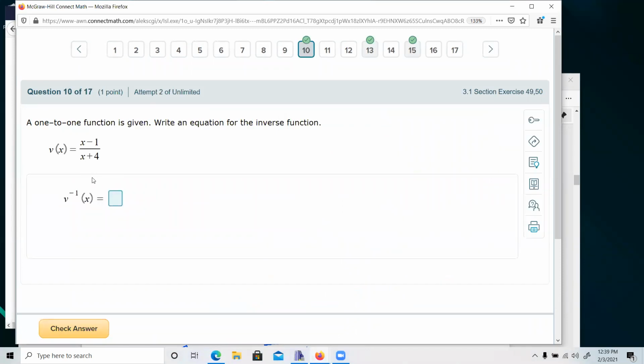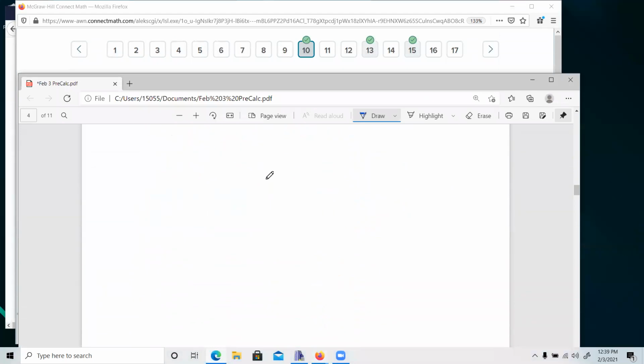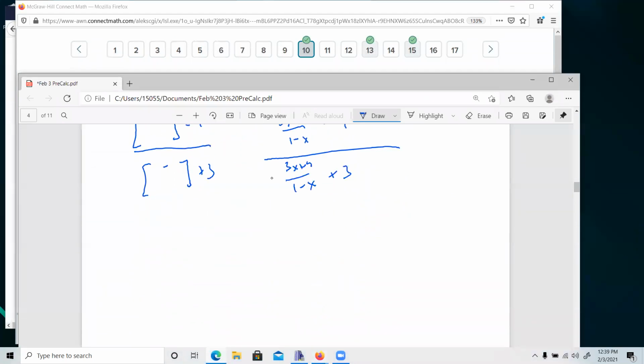Okay, x minus 1 over x plus 4. All right, and we have to find the inverse. So what we're going to do is say x equals (y minus 1) over (y plus 4).